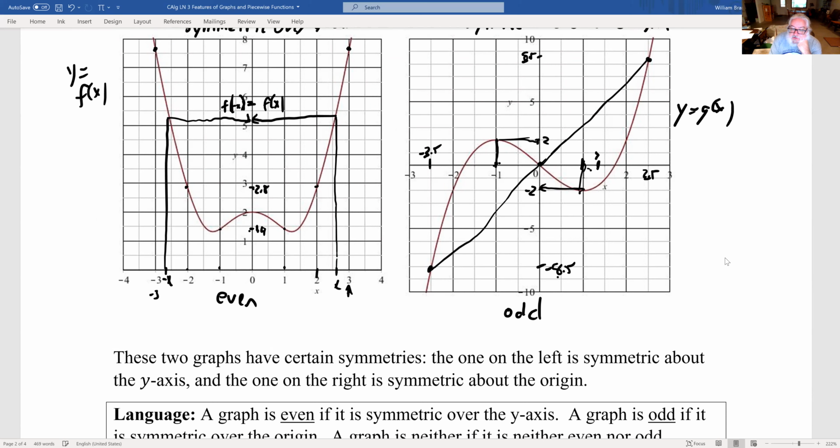Suppose this is x. Right, then the y value that we get for this x is down here. That's my y value. If I flip that, I want the corresponding point on the left side to be on the other side of, terrible drawing. Minus x should give me a minus y up here.